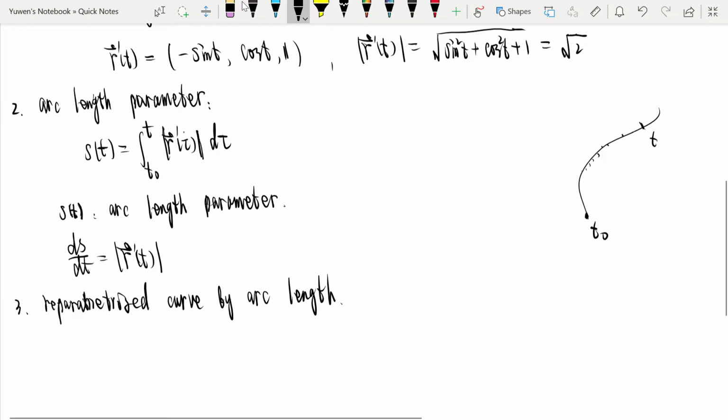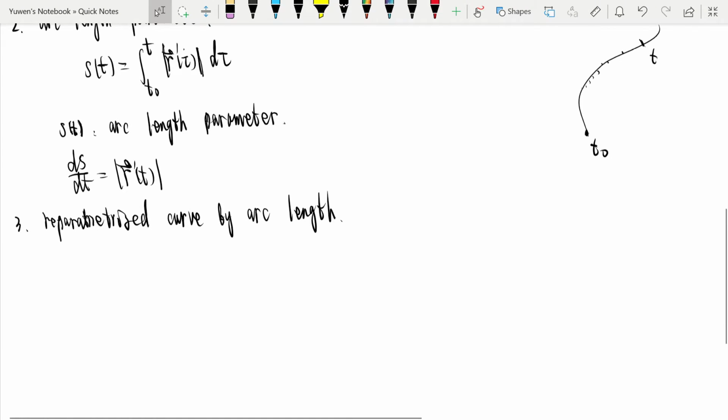Because s is increasing, it's monotone. And how do we reparametrize the curve by arc length? First, we evaluate this integral, and then write t as a function of s and insert it into the equation of r(t).